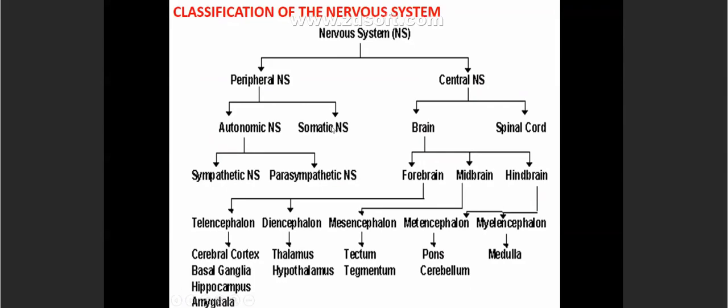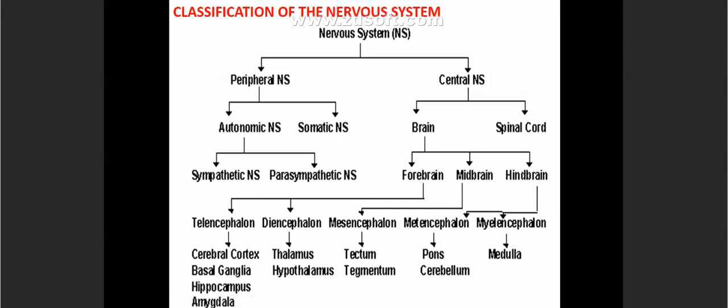Both of them, the autonomic nervous system and the somatic nervous system, go away from the CNS. That's why they are part of the peripheral nervous system. Here you have sympathetic and parasympathetic nerves. Here you have the somatic nervous system, which is made up of spinal nerves, which are 31 pairs, and cranial nerves, which are 12 pairs. We'll see them one by one later.